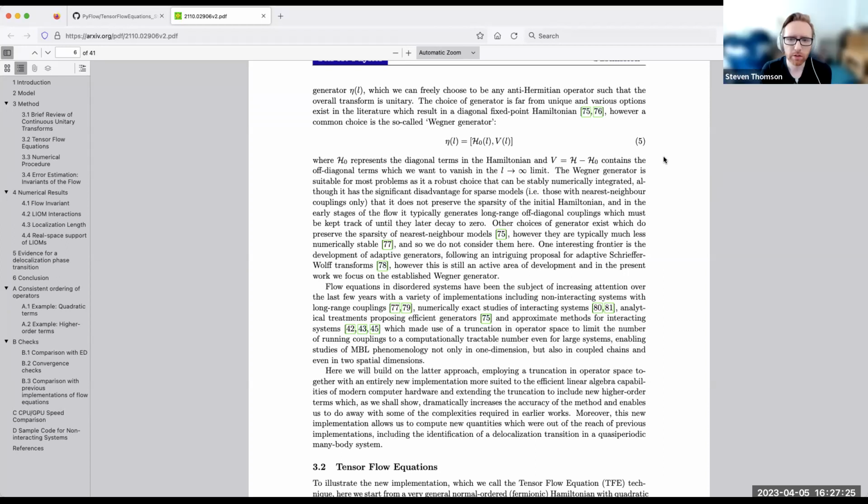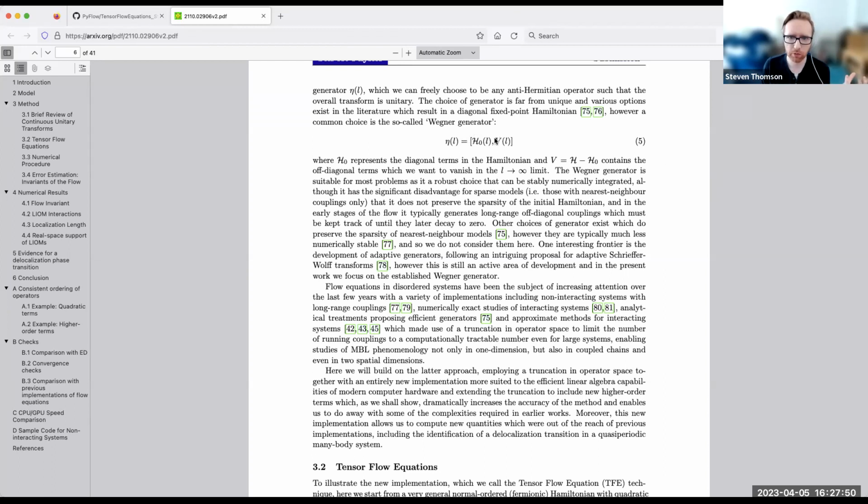You can, but in these types of systems, ultimately, I'm doing this in the context of MBL, right? So I want to get this sort of L-bit model. So the structure of my H naught is pretty much set by the structure that I expect to find, which is a product of number operators. In principle, you can choose H naught and V more or less freely. So you don't have to completely diagonalize the system.